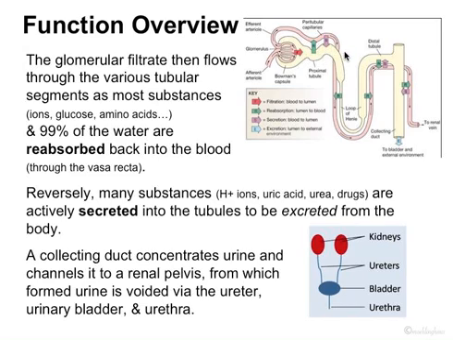As the filtrate goes through the tubes, most substances get reabsorbed back into the bloodstream. But simultaneously, some substances like hydrogen ions that are toxic to us, or uric acid, or some drugs, are actively secreted from the blood into the tubular system after we've filtered it already. They come from the blood into the tubular system, and that's known as secretion.